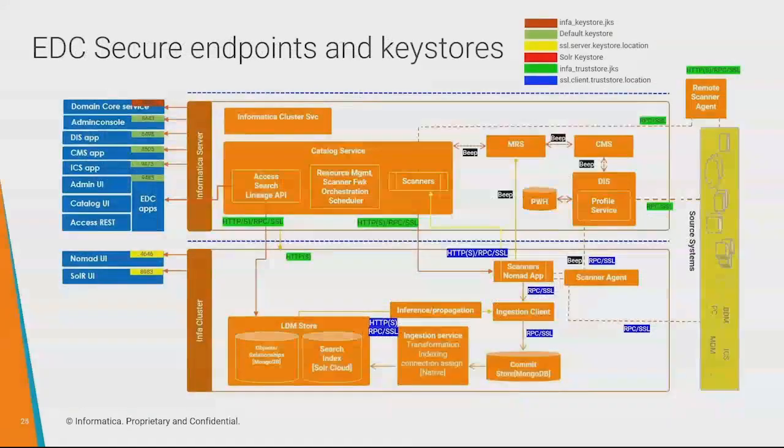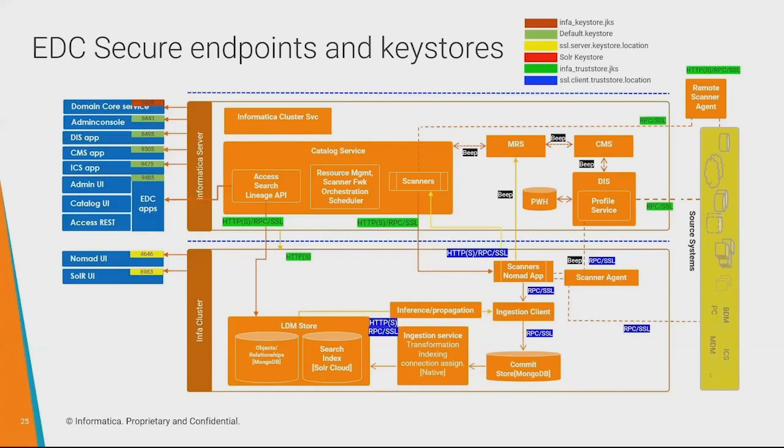As I talked about, the first one is communication level, or the endpoint level. On this slide, to some extent you have seen how the scanning process works, but we are not showing the step-by-step scanning process here. We are highlighting what ports are used.